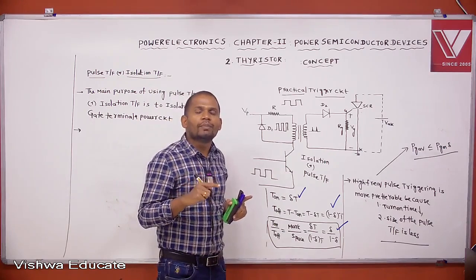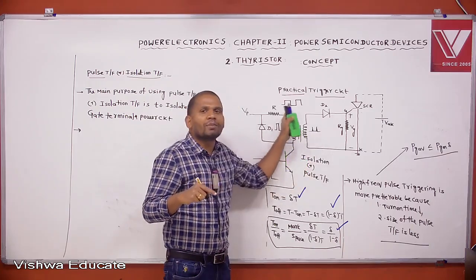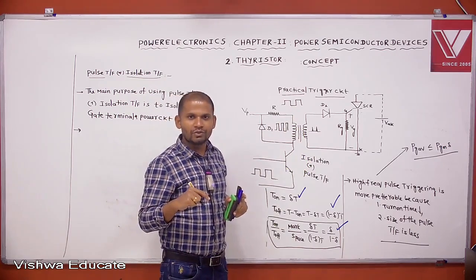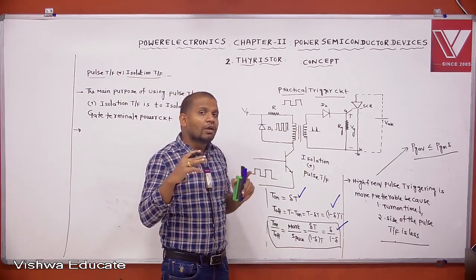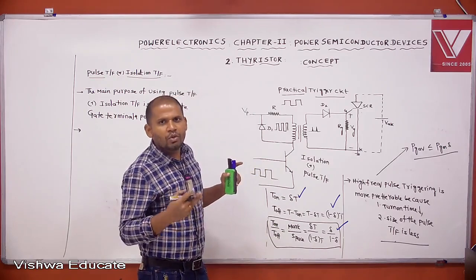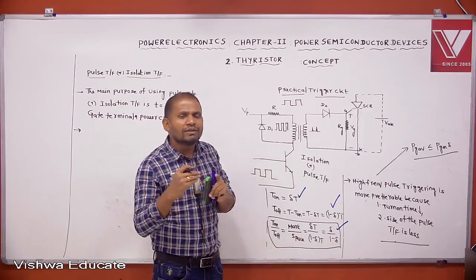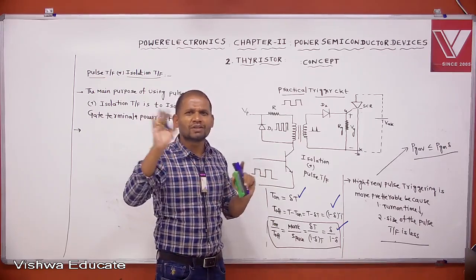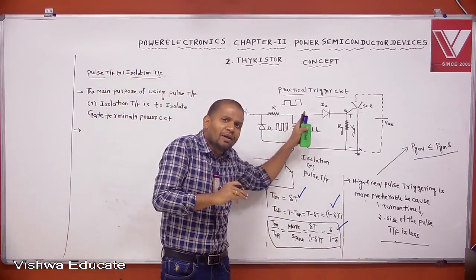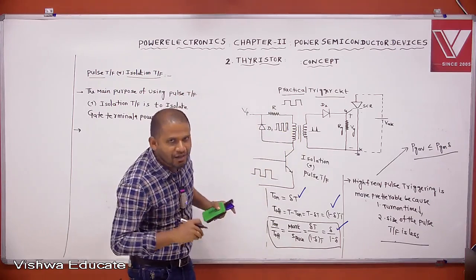Understood? In a power transformer, the core is made of silicon steel, that is CRGO steel, cold rolled grain oriented steel. In a distribution transformer, the core is made with amorphous steel. You will learn that selection in electrical machines in detail. But here in our pulse transformer, we use a ferrite core to reduce the hysteresis and eddy current losses at a high frequency.